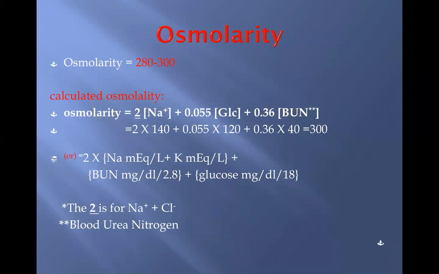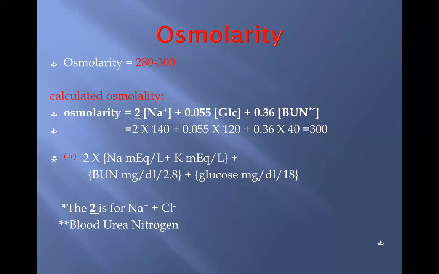The osmolarity equals sodium multiplied by 2 plus the glucose and blood urea nitrogen multiplied by a factor to convert the unit from milligram to millimole.